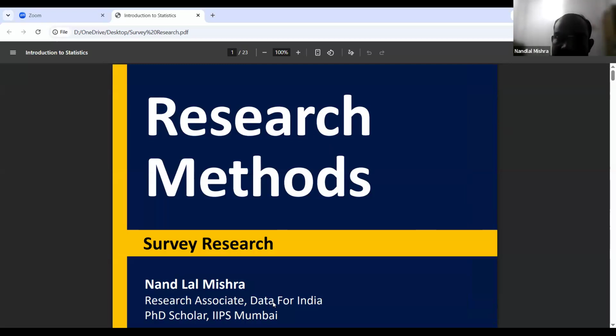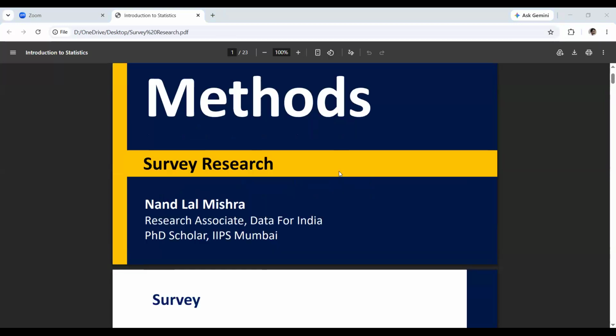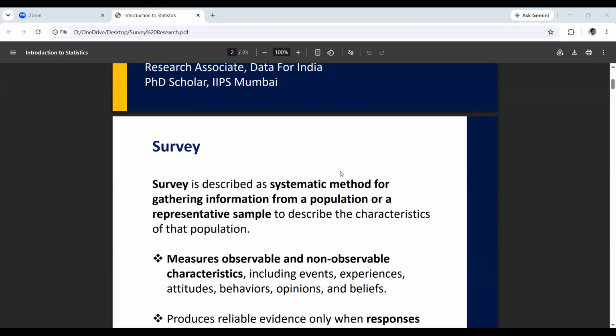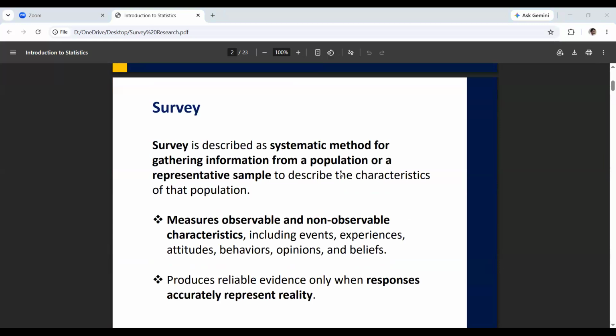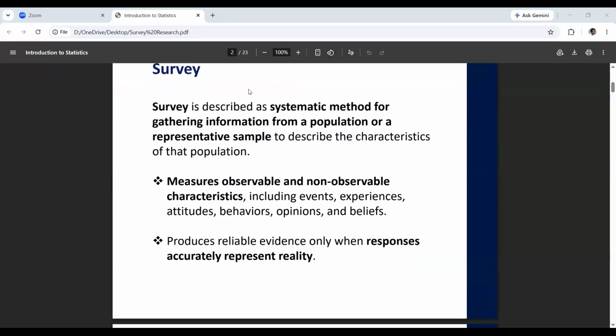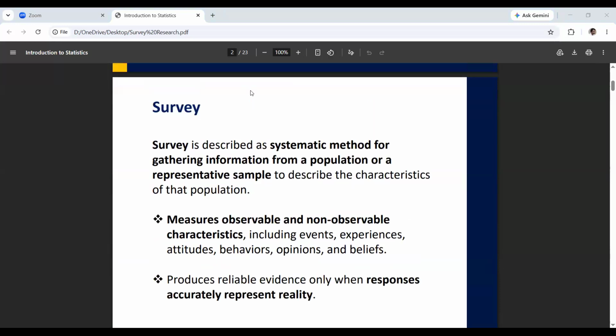I hope all the participants are comfortable with both English and Hindi. If you are not comfortable with Hindi, I will continue in English. So if all are comfortable, please give a thumbs up or some indication so I can enjoy speaking Hindi as well during the session. Okay, thank you.